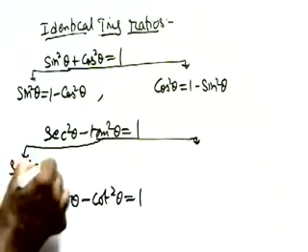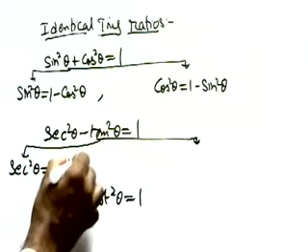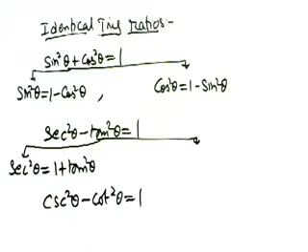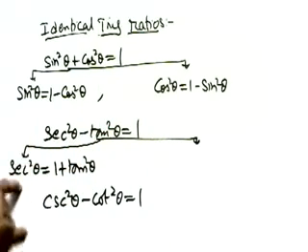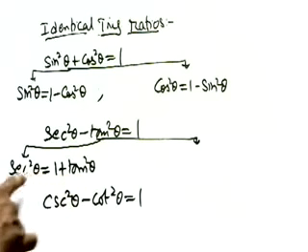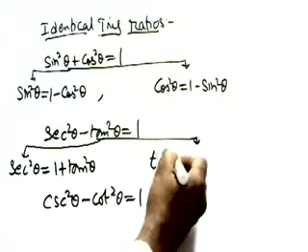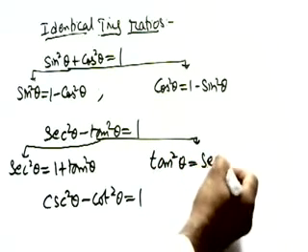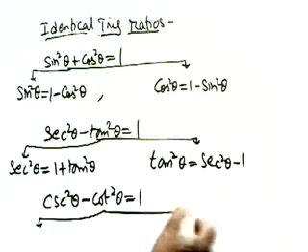Bring this tan here: secant square theta equals, if we bring this minus here, it will be plus, so it will be 1 plus tan square theta. Whereas for tan, bring this 1 here, so tan square theta will be secant square theta minus 1.